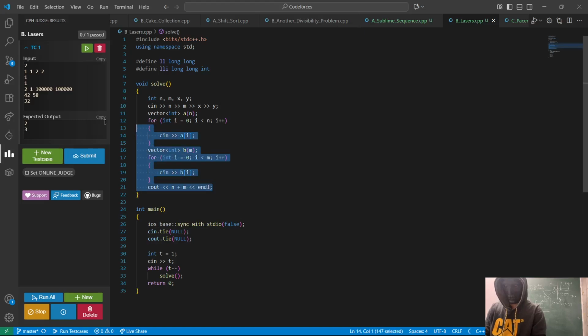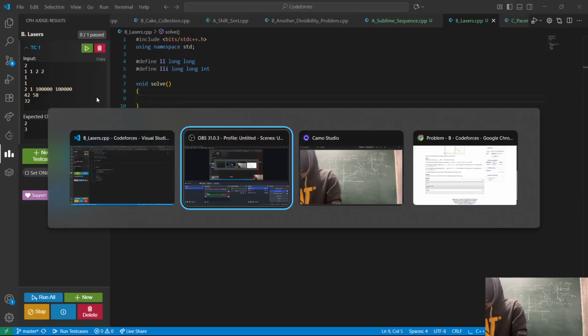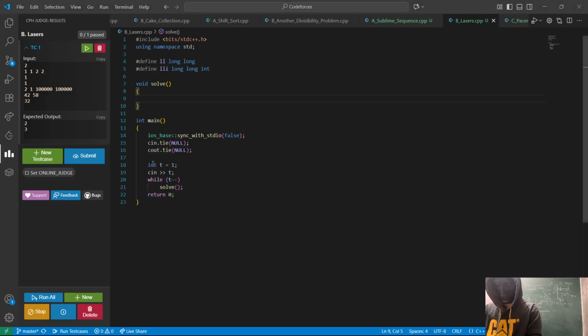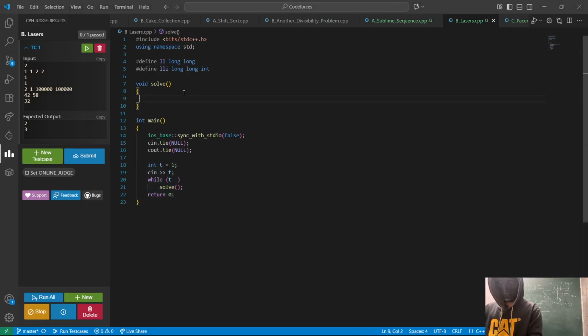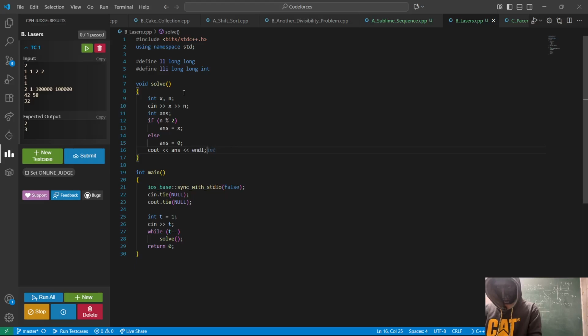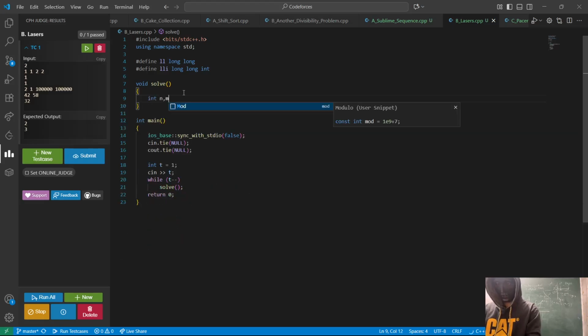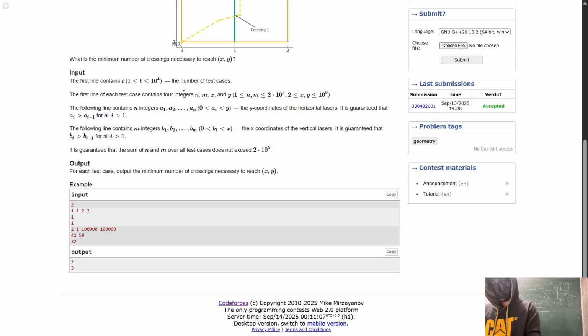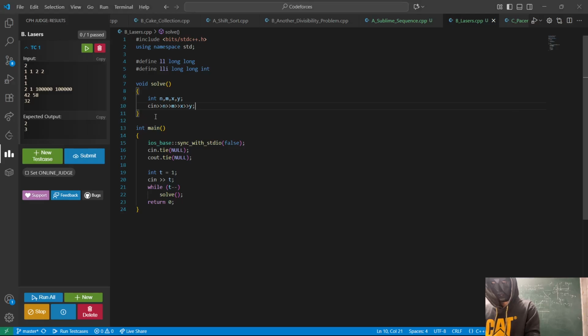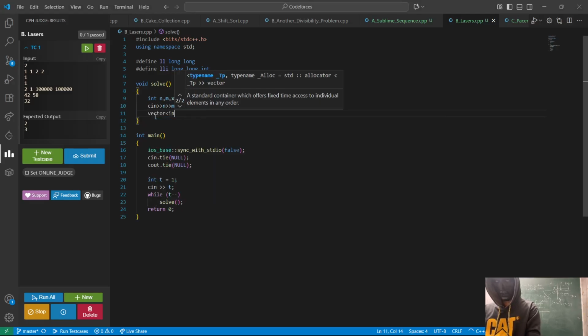I've actually coded it up here, but let me code in front of you. We have test cases. For every test case we have n, m, x and y, right? Let's take their values, and in the next line we have n integers. Let's take a vector of type int, let me call it a, with size n, and vector b of size m.